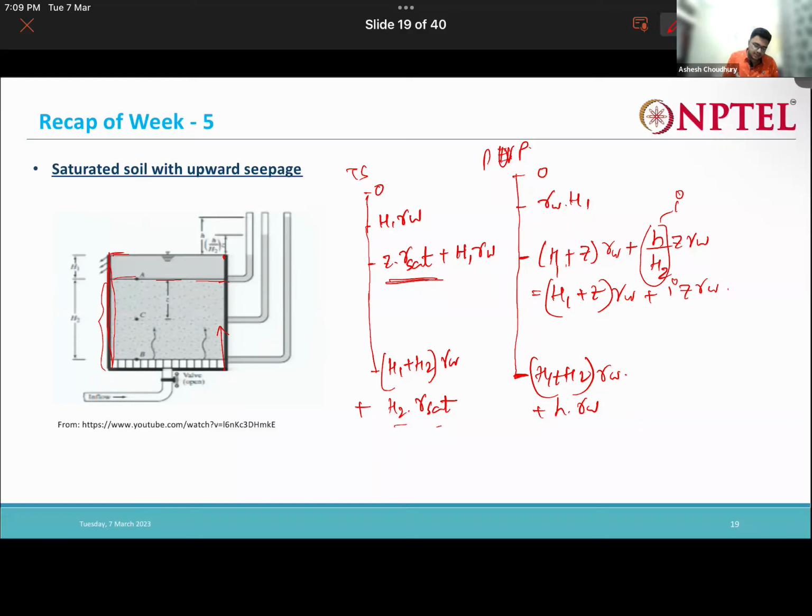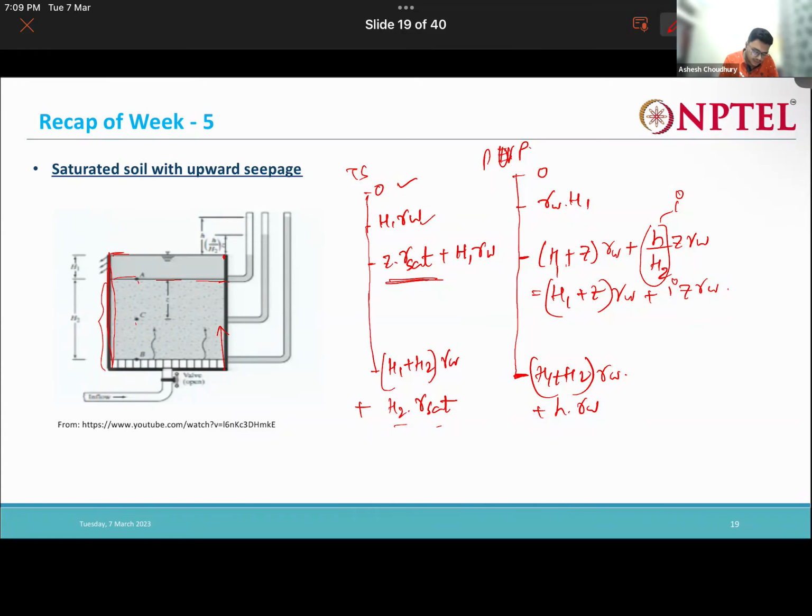See, total stress here at the top is zero. It's clear. At point A, it's nothing but H1 into gamma W. This one is also simple. Now for this point C, what will be the total stress?